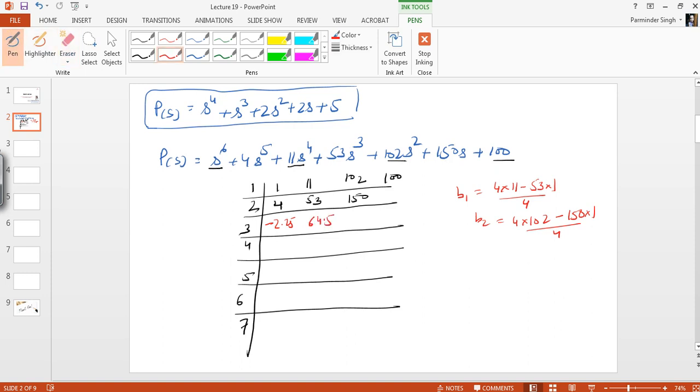And then b3, that is again 4 into 100 minus 1 into 0, since if there is nothing we take it as 0, so 400 divided by 4, 100.